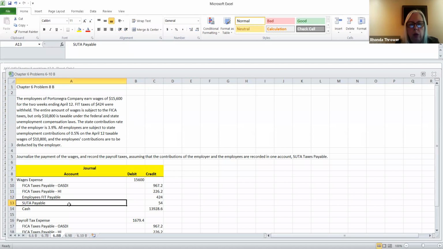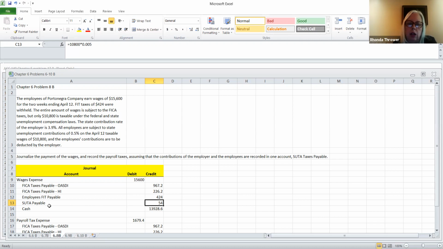And in this situation, the state is requiring all employees to be subject to state unemployment contributions of 0.5% on the wages of 10,800. 10,800 times 0.005 will give you $54 that is owed by the employee to pay for SUTA taxes.